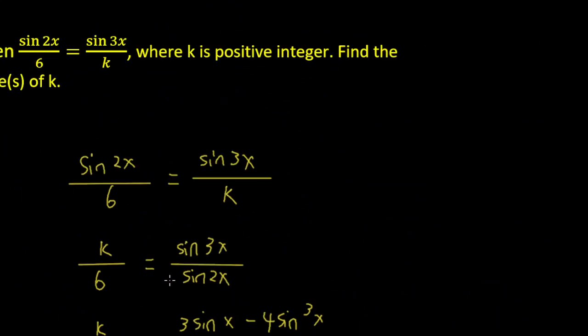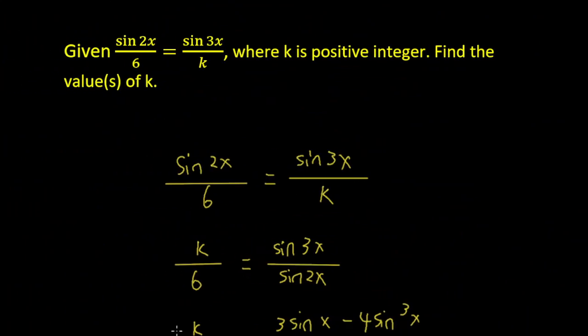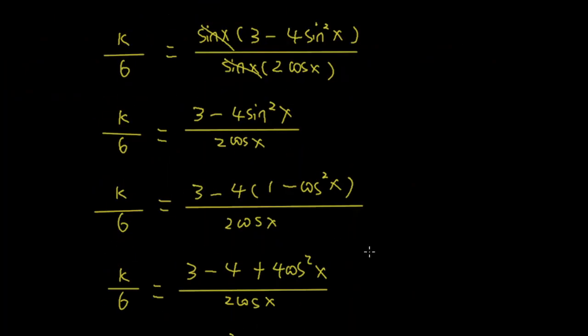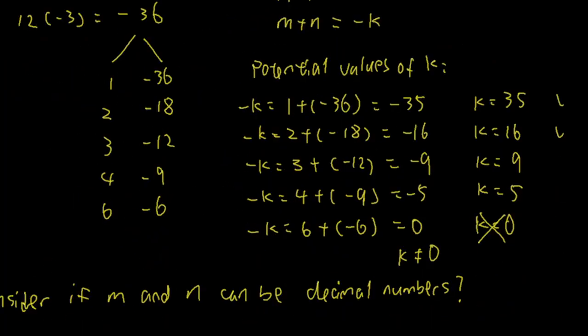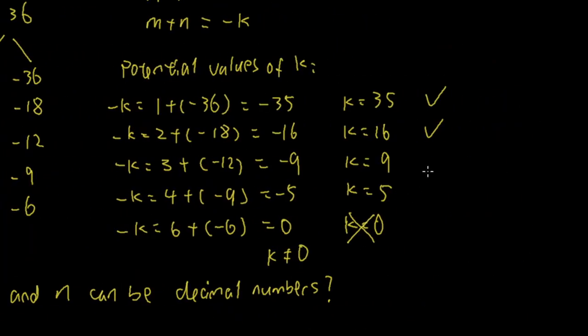If you put 0 into x here, the numerator is sine 0, and that gives you 0. 0 over 6 is 0, 0 over k is 0, so we don't have to test that out. That's fine. We did say that 9 is okay now.